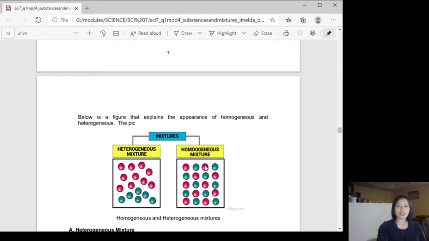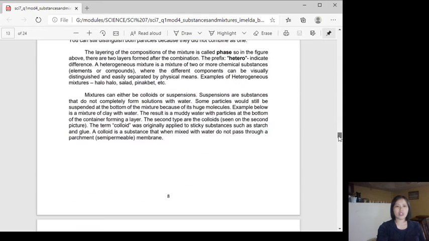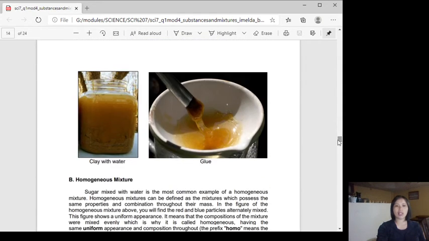The particles or the components are evenly distributed so that they cannot be visually distinguished. They are uniform all throughout the mixture. And then you have heterogeneous mixture. We already explained that. This is an example of a suspension, while this is an example of a colloid.